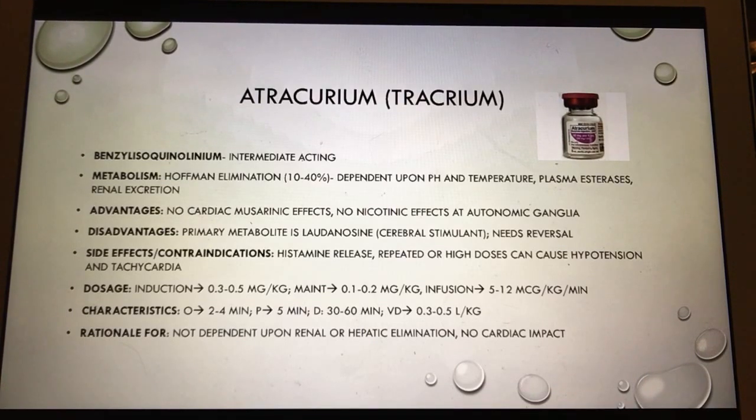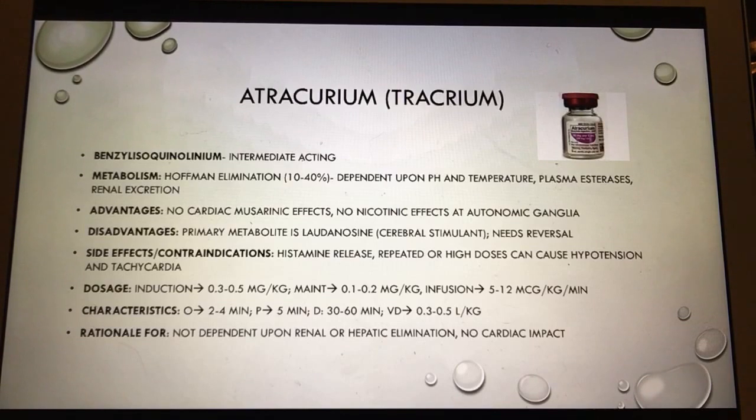Disadvantages: primary metabolite is laudanosine, and this acts as a cerebral stimulant. One disadvantage is it needs to be reversed. Side effects include histamine release. Repeated or high doses can cause hypotension and tachycardia.